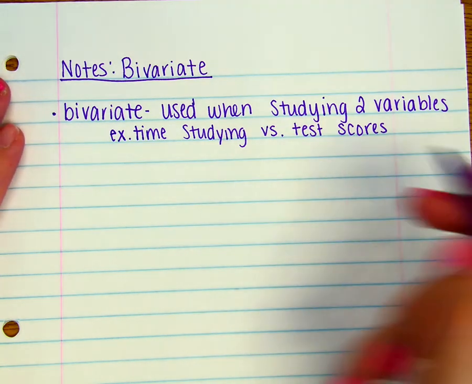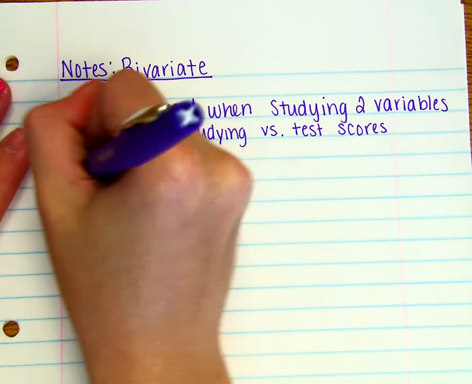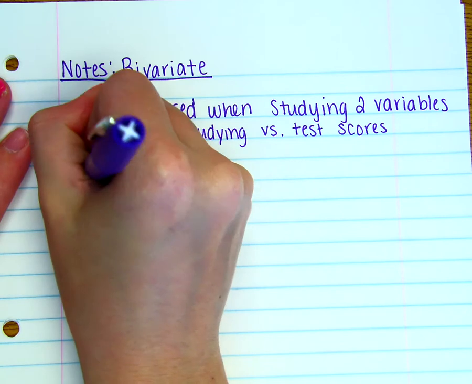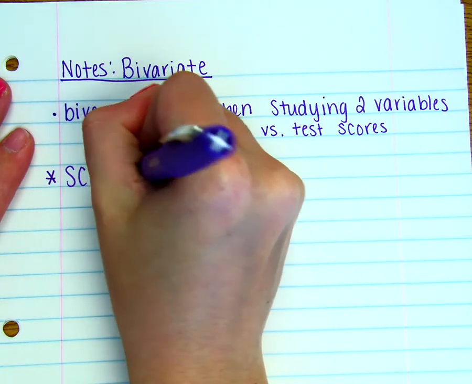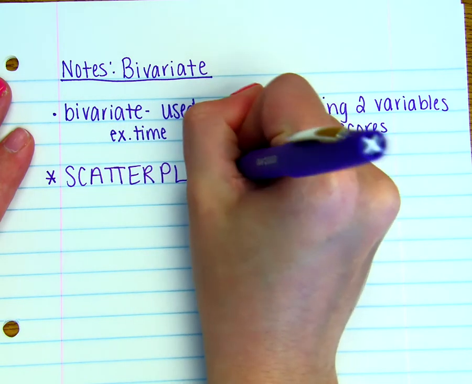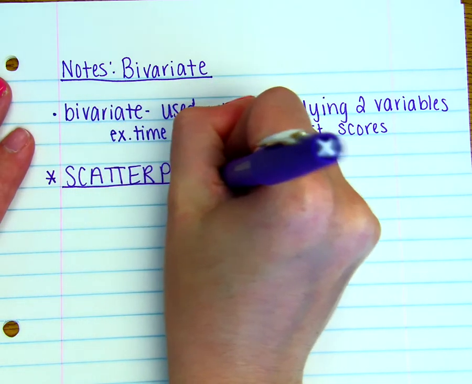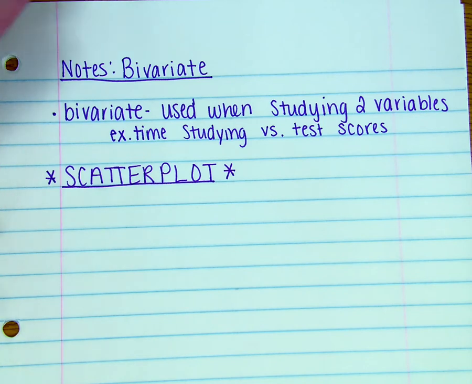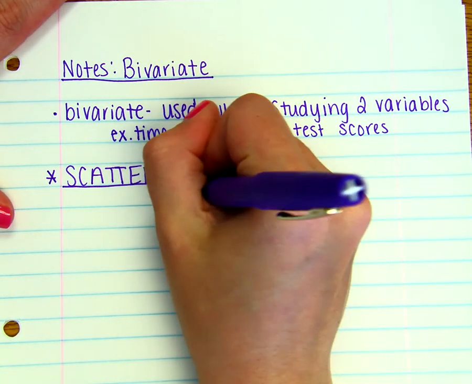When talking about bivariate data, we usually represent it in what's called a scatter plot. Scatter plots are used to represent data.